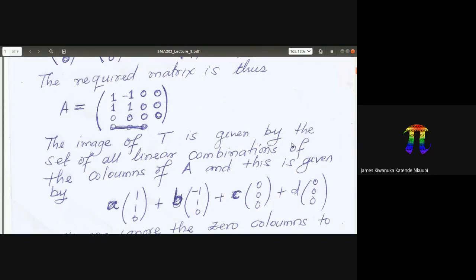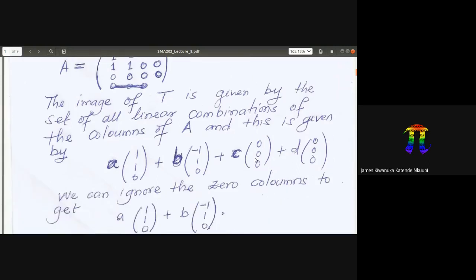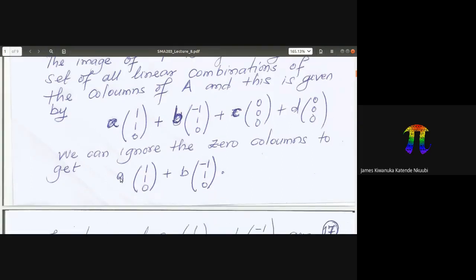So the image of the map is given by the set of all linear combinations of the vectors in the columns, right? So we consider all possible linear combinations of the vectors in the columns, and we realize that we can ignore the last two because they are both zeros, and the image will simply be made up of the linear combinations of these first two vectors, (1, 1, 0) and (-1, 1, 0).